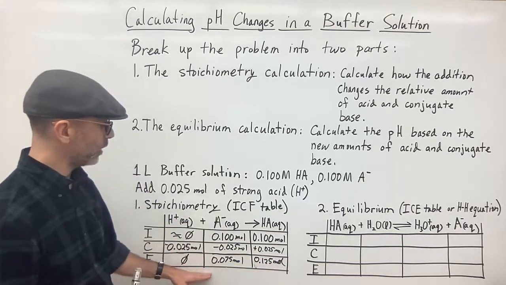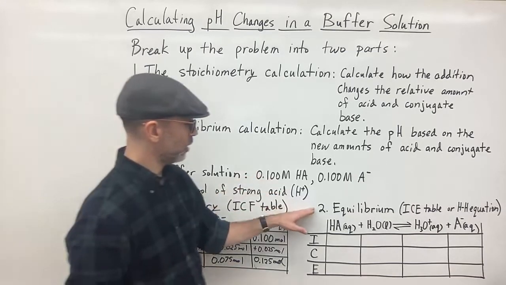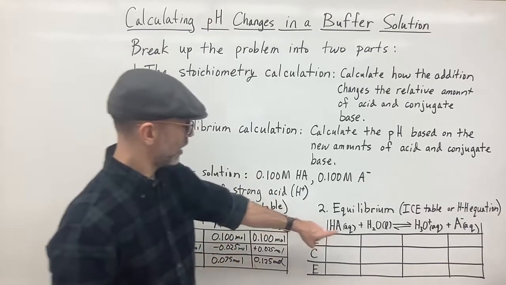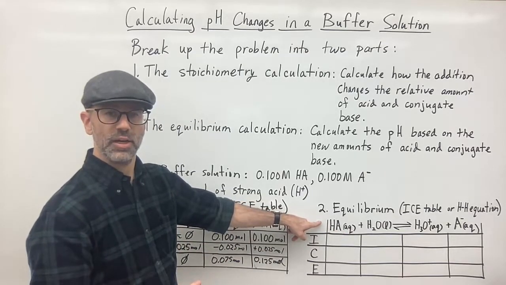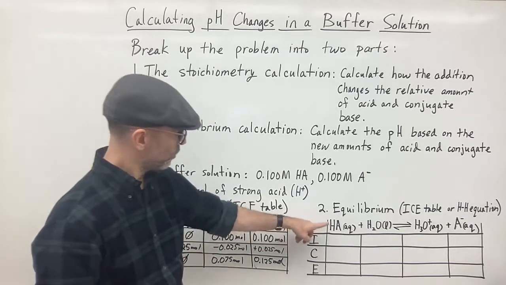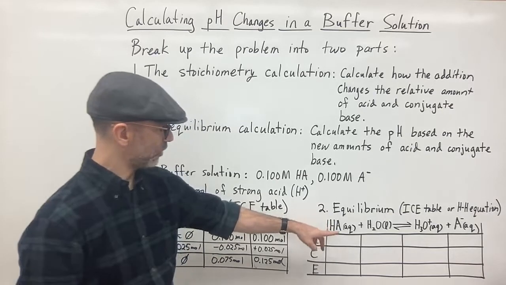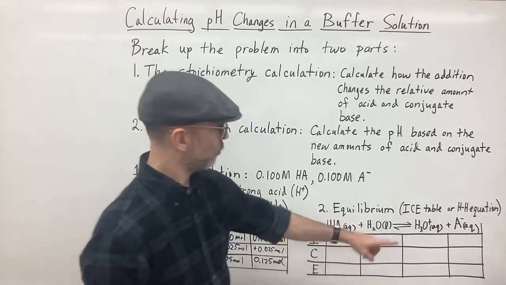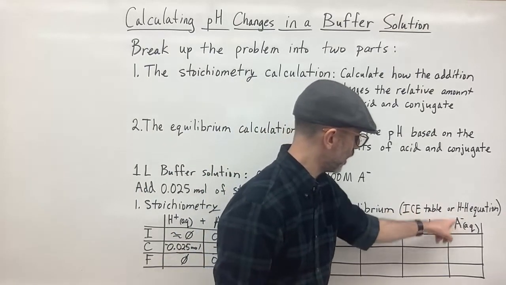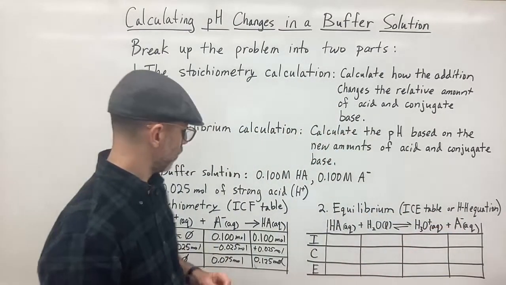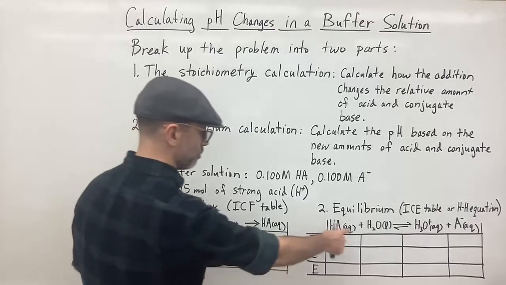So here now what we can do is we can go to the equilibrium problem. And so the equilibrium problem, again, since we're working with an acid conjugate base buffer, we have the weak acid reacts with water to form H plus ions and your A minus, your conjugate base. And so now we can take these values and plug them in here.